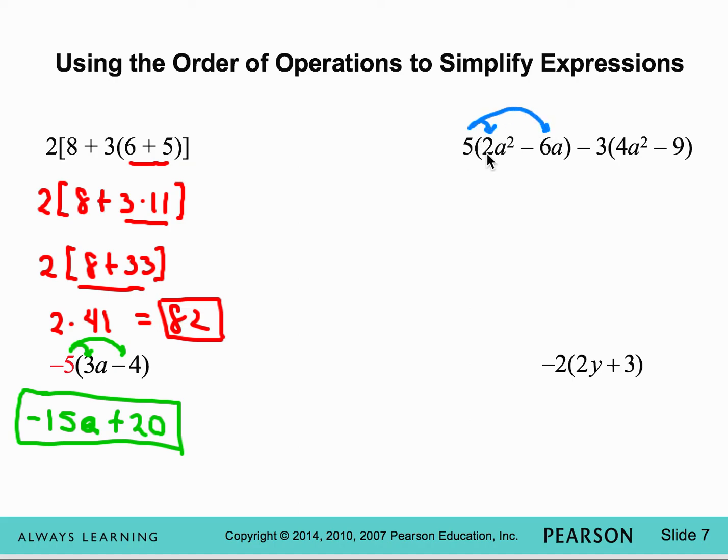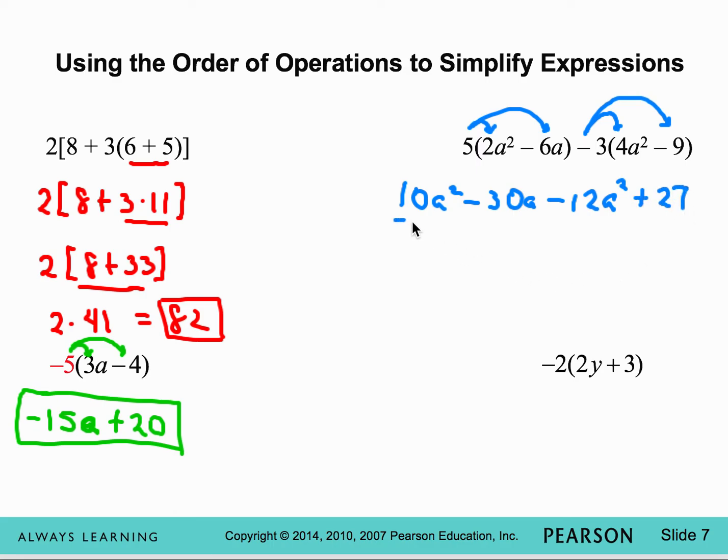5 times 2a squared is 10a squared. 5 times negative 6a is negative 30a. Now I've got minus 3 times 4 times a squared, so minus 12a squared. And minus 3 times minus 9 plus 27.